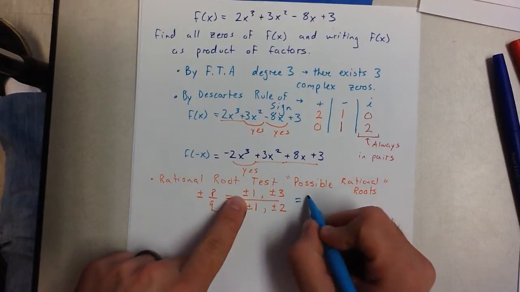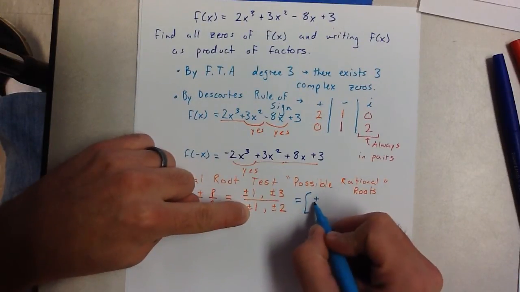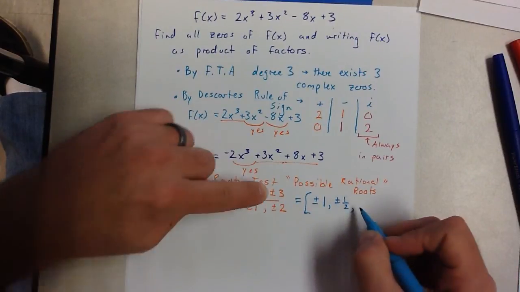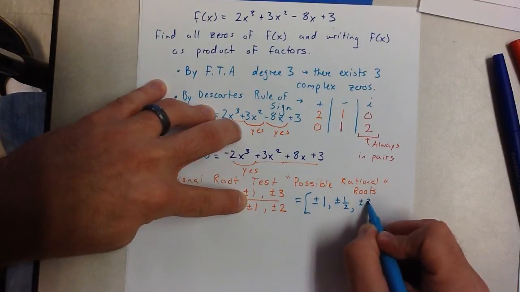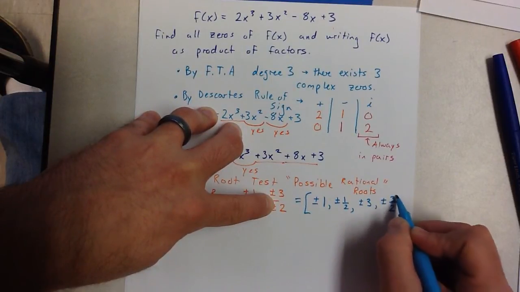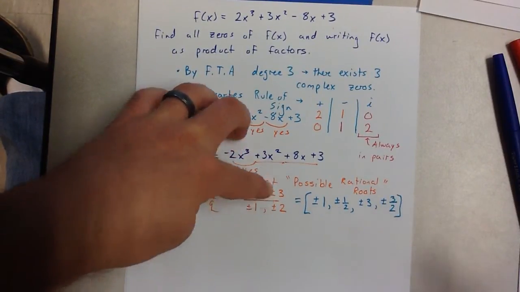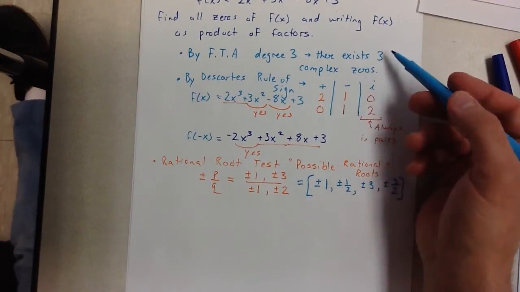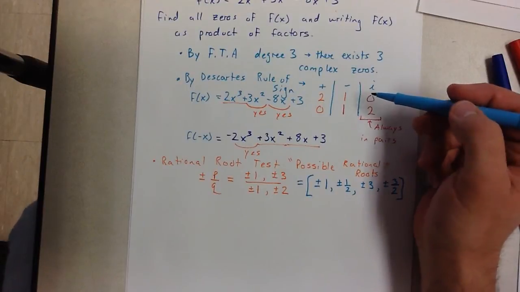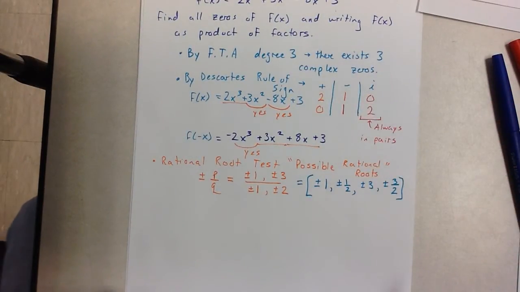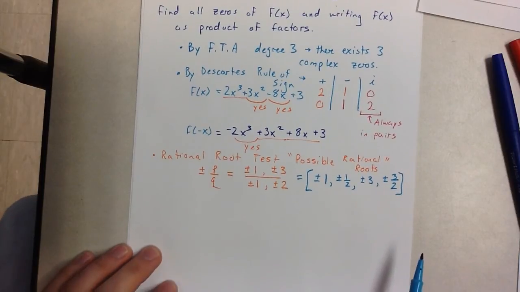So we say our group is 1 over 1, 1 over 2, 3 over 1, and 3 over 2. Not bad. I mean, we have eight possible roots to test, knowing that eventually we're going to get down to at least 2 positive, 1 negative, or at least 1 negative. So that's something important to think about.